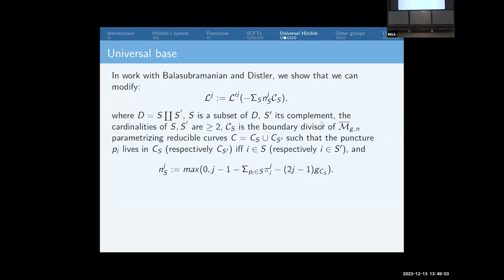The modification we make is we subtract a linear combination of those boundary components. So this is a summation over all S's. And the multiplicity that we subtract is a number N_S^j, which is given by a somewhat complicated formula. It is what it is.